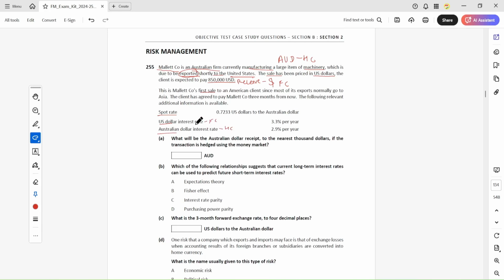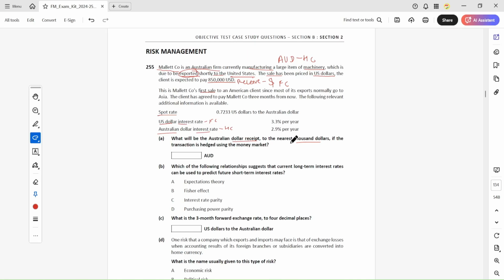Since the spot rate is given, we can calculate the forward rate using the interest rate parity theory. What will be the Australian dollar receipt to the nearest $1,000 if the transaction is hedged using the money market?